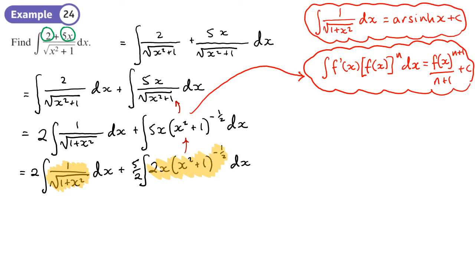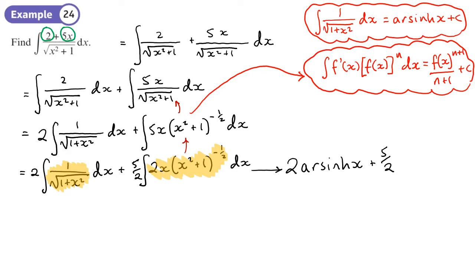So I'll have 2 lots of that bit that I've highlighted in orange, so 2 arcsine x. I'm not going to put plus c because I've still got another integral. Now for the second bit, I've got this 5 over 2.